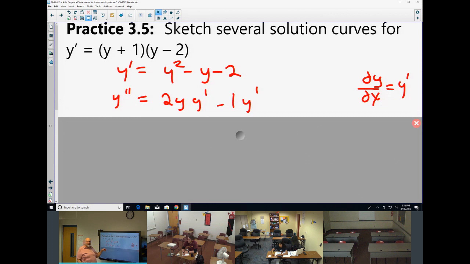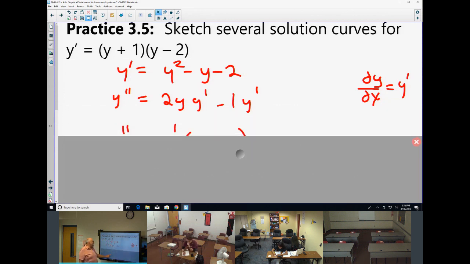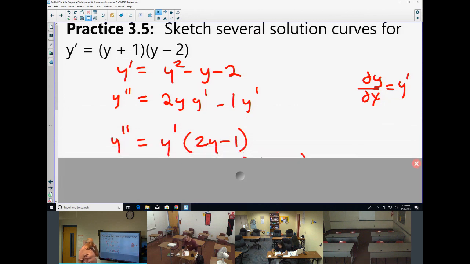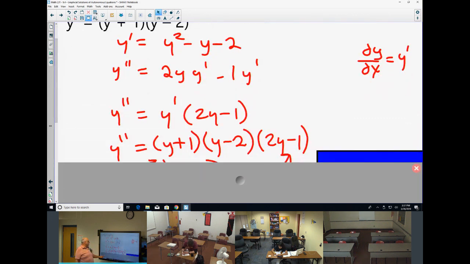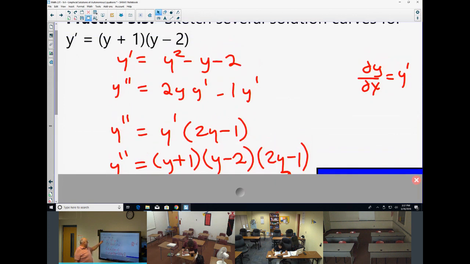Now, this person that did this, instead of using dy dx, used y prime, but it's the same thing. Then what you want to do, so that you can substitute what y prime is, is factor out the y prime or the dy dx, and then you'll have 2y minus 1. Then you substitute in what y prime is. So y prime is y plus 1 times y minus 2.